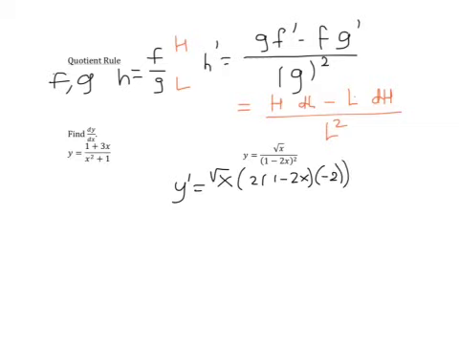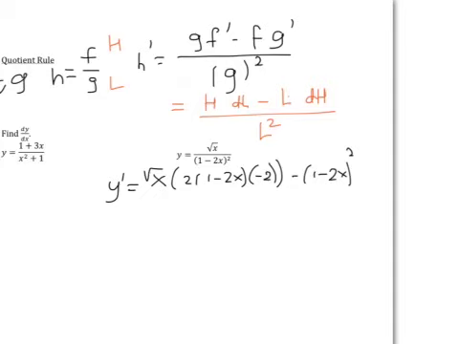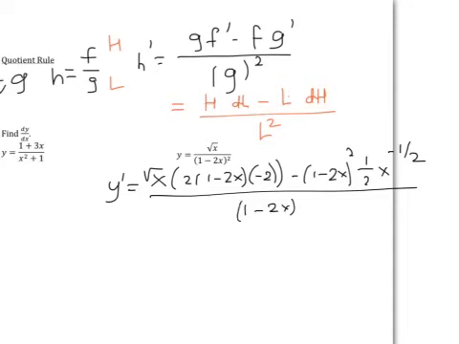And then minus low, 1 minus 2x squared, times derivative of high. So derivative of square root of x would be just half x raised to the negative half power all over low squared. That's 1 minus 2x raised to the second power. Raise that whole thing to the second power again.